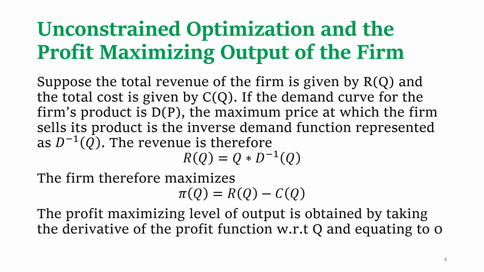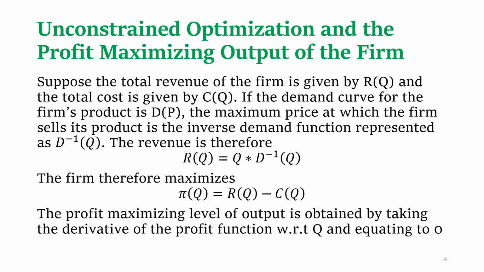So if we multiply the inverse demand function by the quantity Q, then we're going to get the revenue here. The inverse demand function, which is the price, multiplied by the quantity gives the revenue. A profit maximizing firm is never going to sell its product at the minimum price.